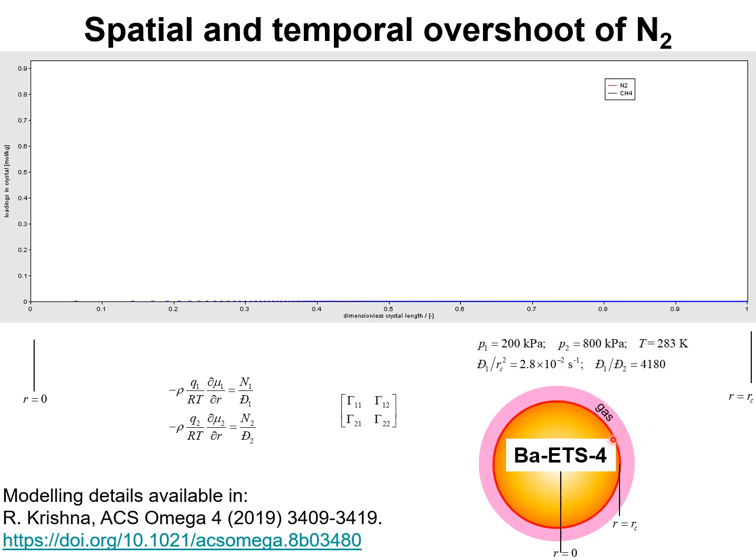We simulate the transient uptake using the Maxwell-Stefan diffusion equations, taking proper account of thermodynamic coupling effects. For these simulations, the data on the Maxwell-Stefan diffusivities D1 and D2 for nitrogen and methane are taken from the publications of Majumdar and Bhadra.